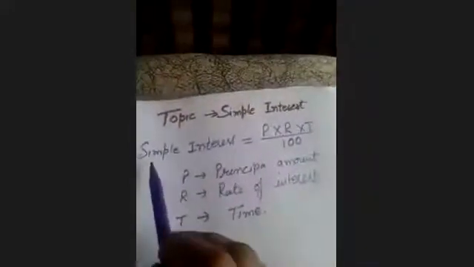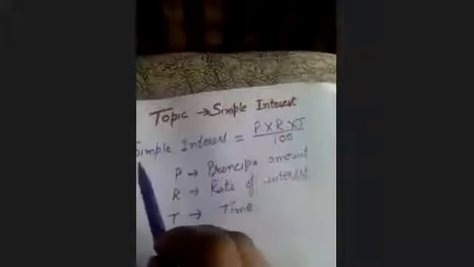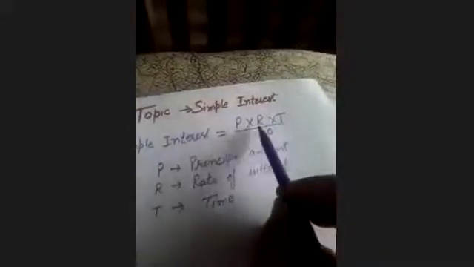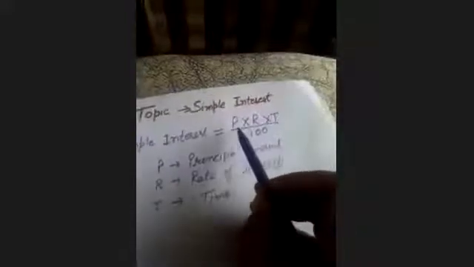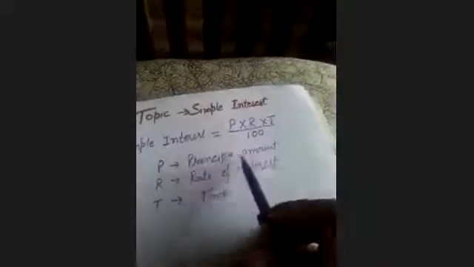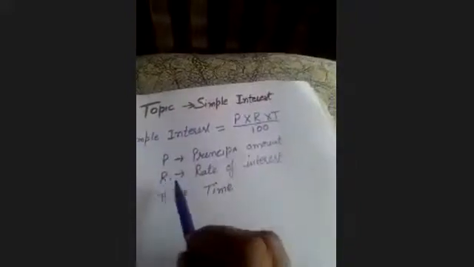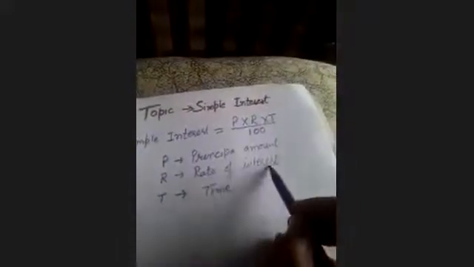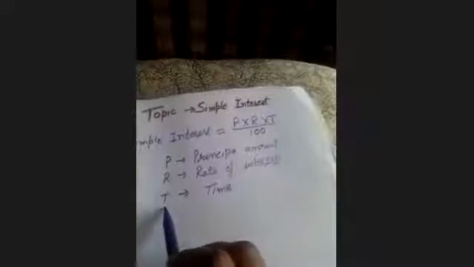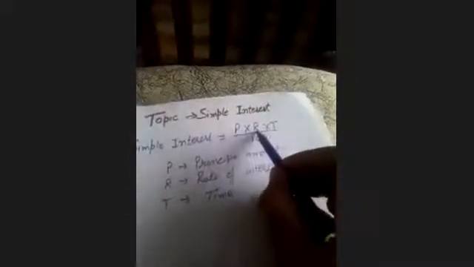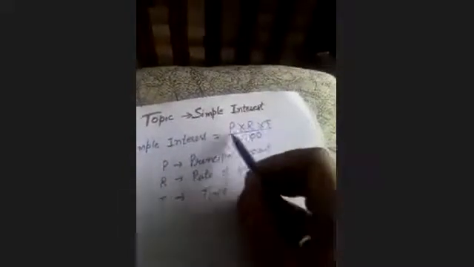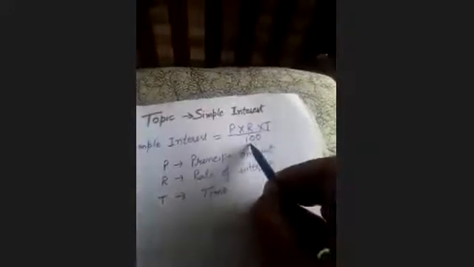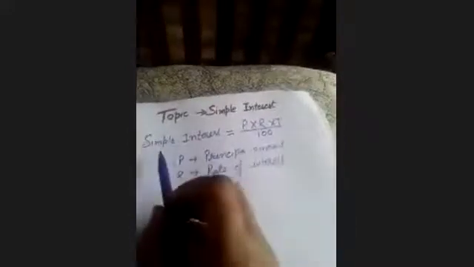So how can we find simple interest? Simple interest is equal to P into R into T divided by 100. Here P is principal amount, R means rate of interest and T means time. By multiplying principal amount, rate of interest and time, we divide all by 100.